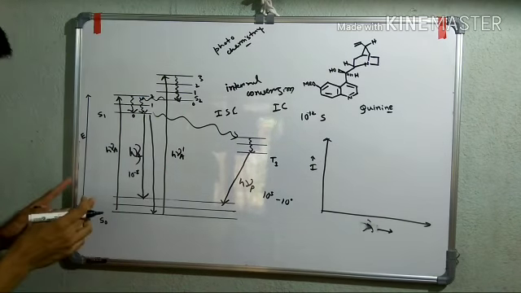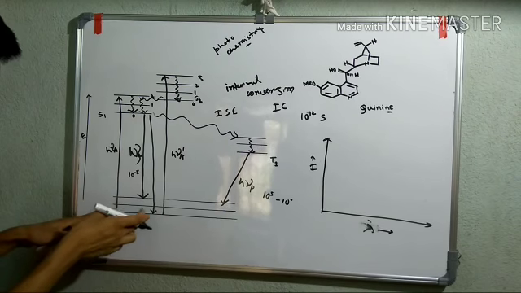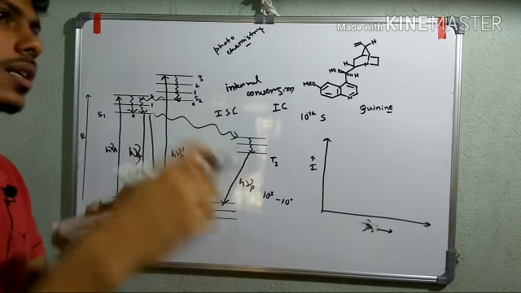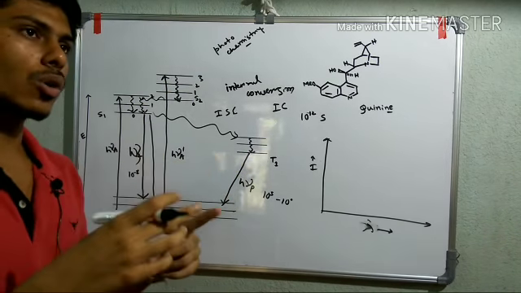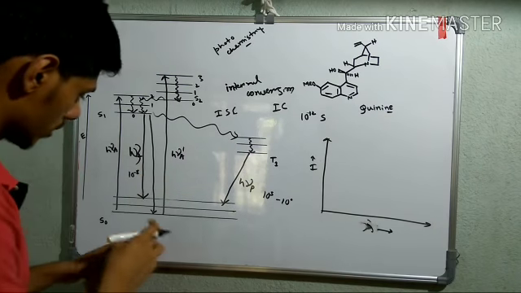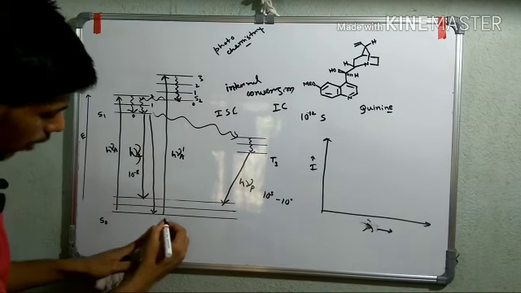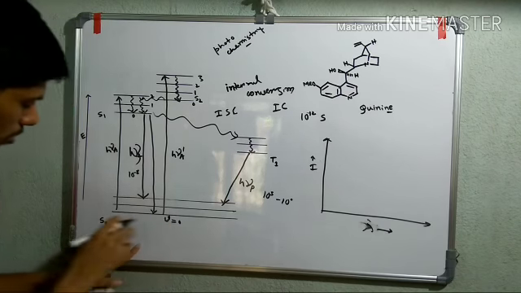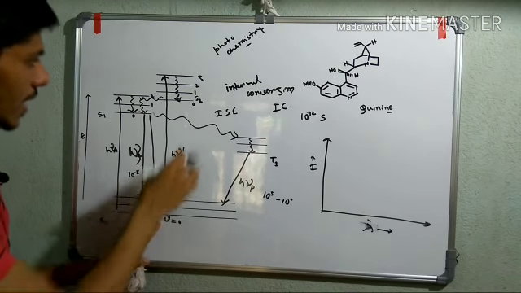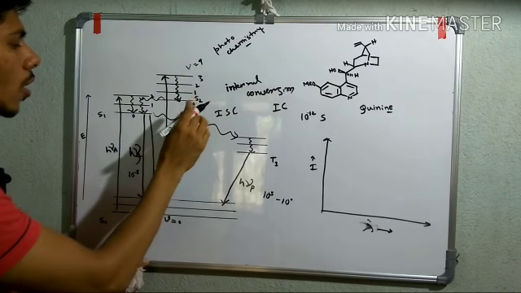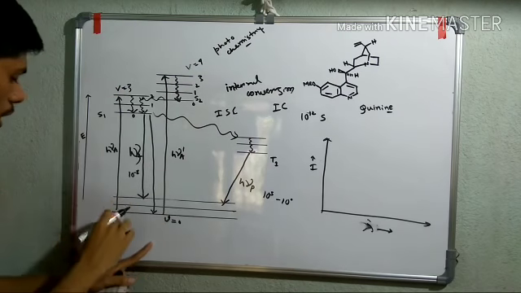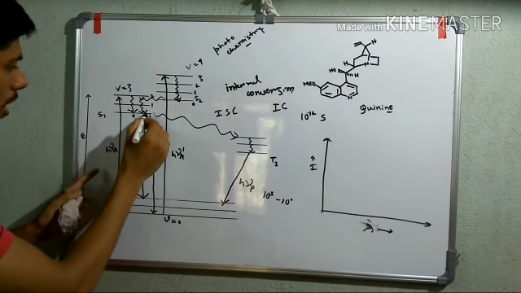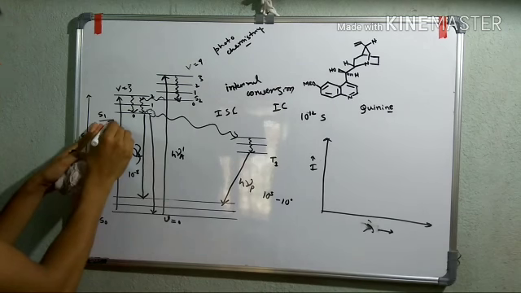Because when the excitation occurs, the molecule goes from the ground vibrational level, V equal to 0 of S0, to some higher energy electronic state and also its higher vibrational level, for example V equal to 4 of S2 or V equal to 3 of S1. But during the emission, it always occurs from the ground vibrational level of the first excited state.